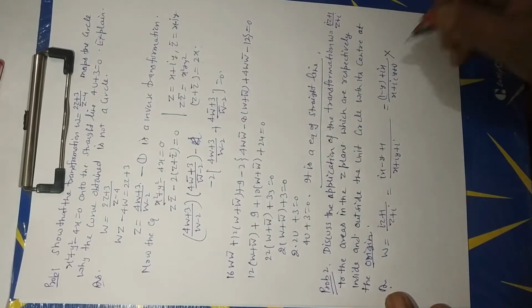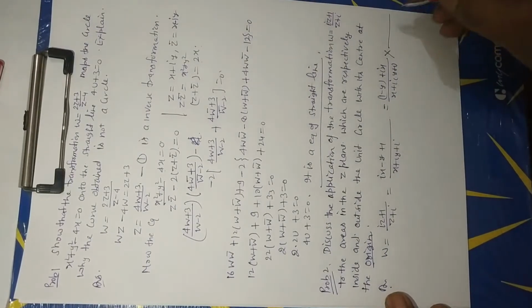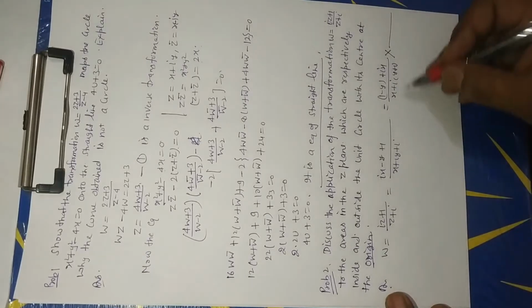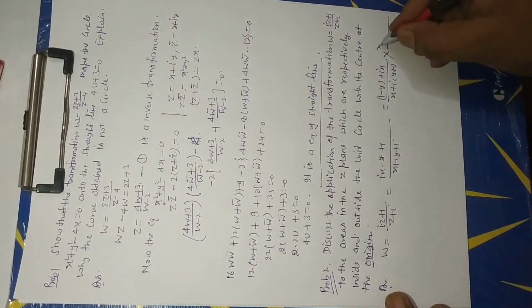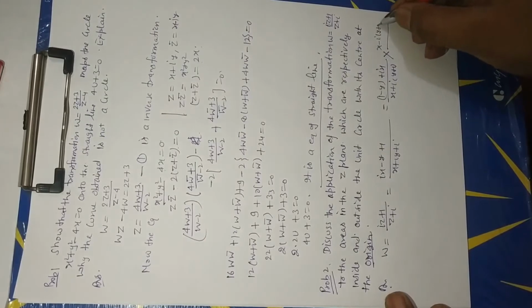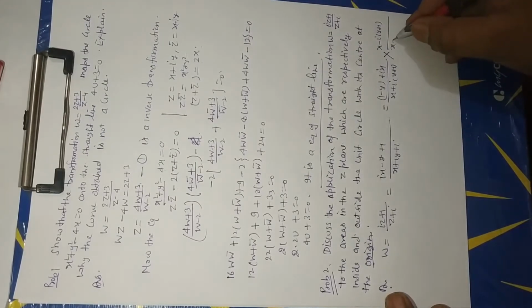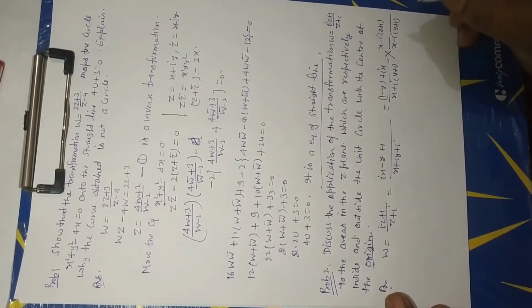Now we multiply and divide with the complex conjugate of the denominator, x minus i times y plus 1.